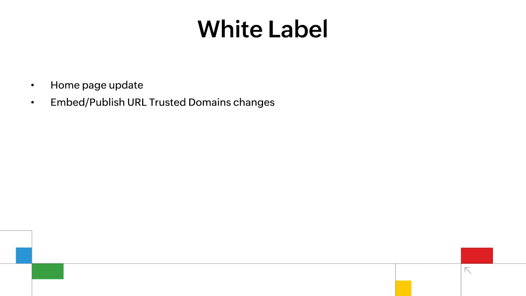Now we have updated it and matched it with the Zoho Analytics home screen. However, the product is completely white label, so you will have a different experience as an end user. Another update for white labelers: we also provide an option to map the trusted domains for the published URL or embed URL that you generate in the white labeled instance in Zoho Analytics.